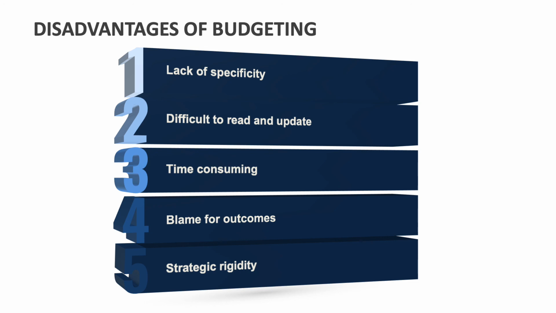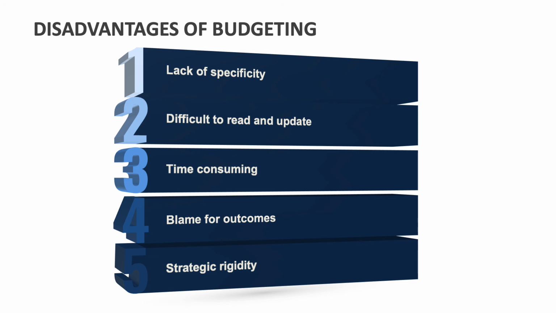And also, blame for outcomes. Employees will be blamed, or they will blame each other, basically, for not supporting the department in meeting the desired targets. So this can also be a problem when we use the budget, because it's difficult to know what the sources of problems are, where they come from, and who is responsible for that problem.